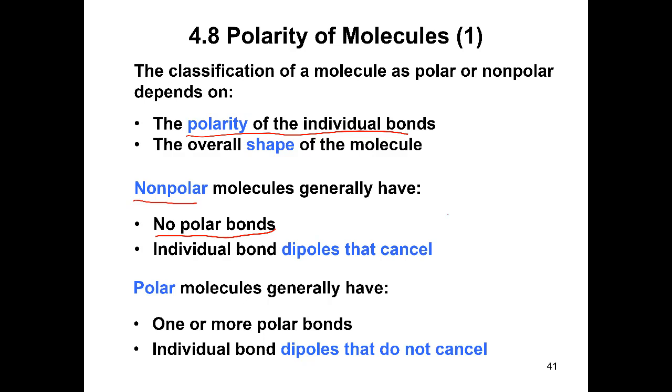So you see this with, like when we said you have two things together, they're going to basically be pulling those electrons with the same amount of force, and so they cancel each other out. Polar molecules, though, are going to have at least one polar bond, and the dipoles do not cancel.